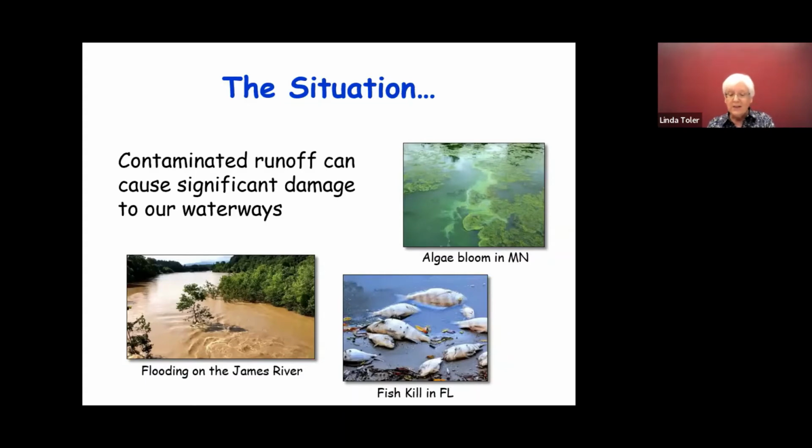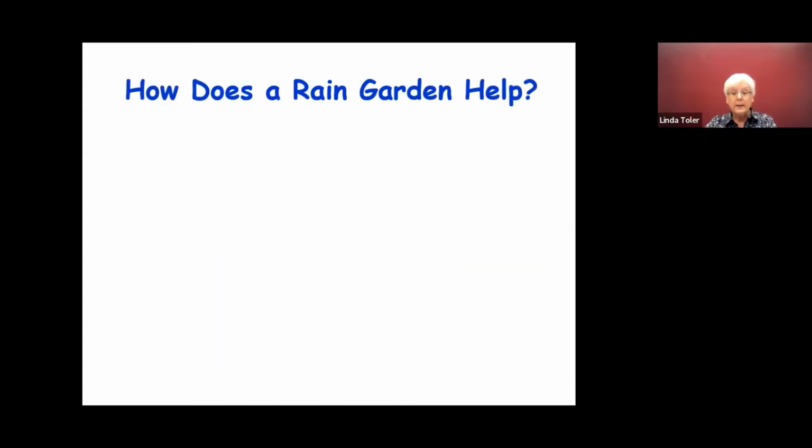And the sediments suspended in the water can not only damage aquatic life, but it can be expensive to remove once it builds up. So rain gardens are designed to help mitigate these problems by removing those contaminants before they make their way to our waterways.